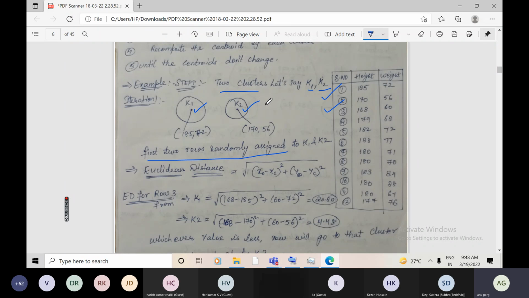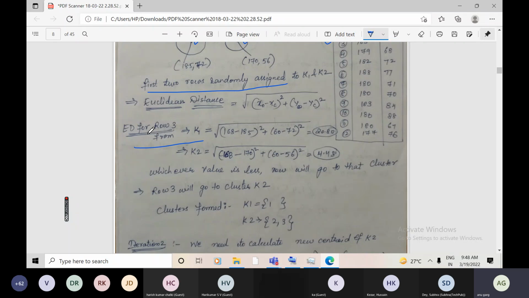Then you need to find the Euclidean distance from row 3 to K1 and row 3 to K2. Here, if you see, you have found the distance from row 3 to K1 and row 3 to K2. After finding the Euclidean distance, whichever distance is less, that row will go to that particular cluster. Here the K2 distance is less, so row 3 will go to cluster K2.